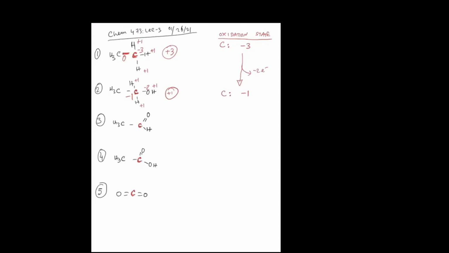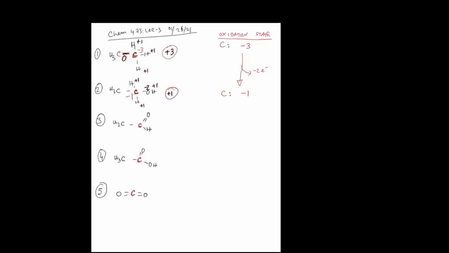Now, what about the next one? It's an aldehyde. I think to avoid confusion, I should make these a different color and just leave the carbon in red. So this is going to be black. All right, so it's an aldehyde.